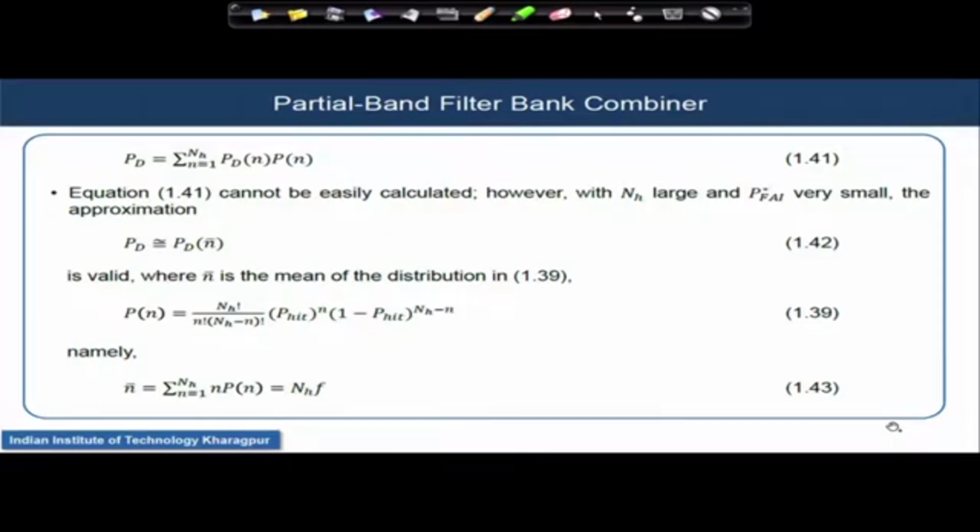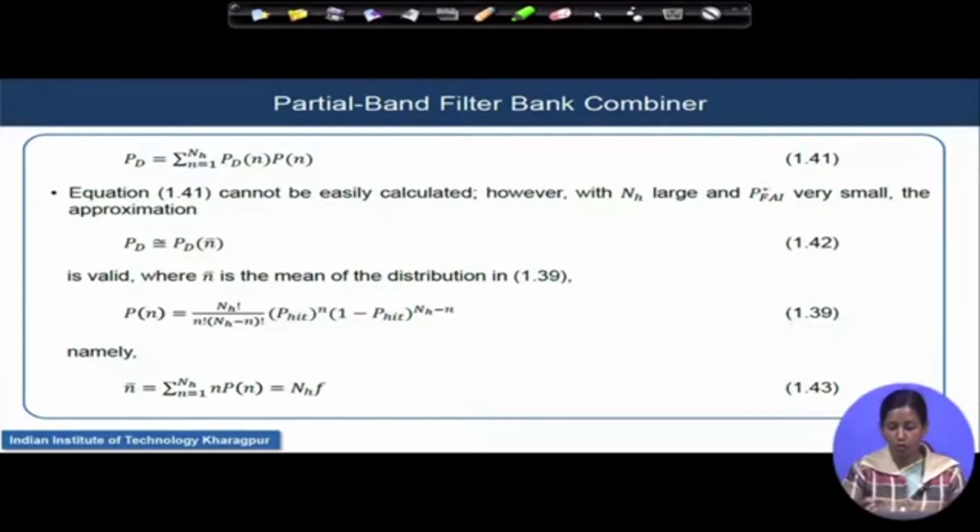The evaluation of equation 1.41 cannot easily be calculated. But with a higher value of NH, when the number of hops is very large and your per-channel false alarm probability is very small, you can approximate this PD with the distribution of PD at n bar, and this n bar is the mean of the distribution given in the equation, computed as NH into f.